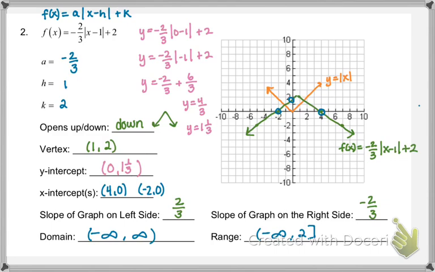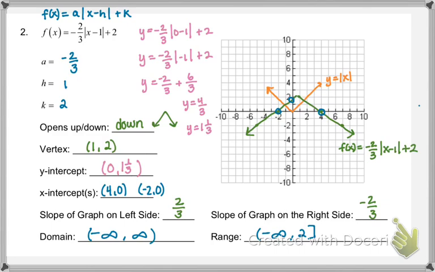So for each one of these problems, what I'd like you guys to do is identify what a, h, and k is. That's the most important thing that I want you to take away from today's lesson. Be able to identify what a, h, and k is. (h, k) is always your vertex. Be able to identify the vertex. Identify whether your graph is going to open up or down.